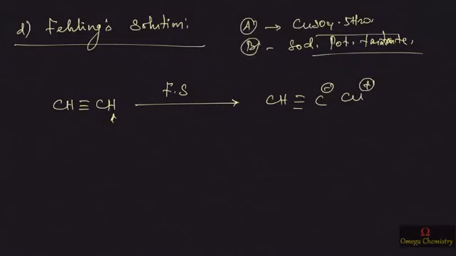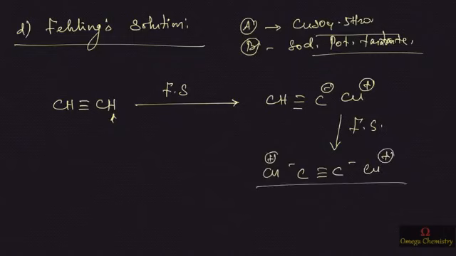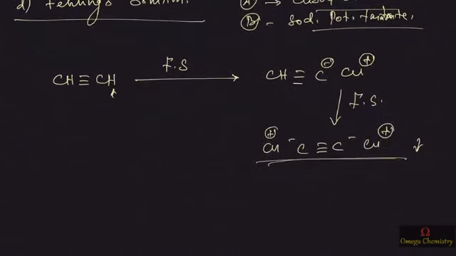This is known as copper acetylide, and when you take excess of Fehling solution, then you will get a dicopper acetylide. Okay, which means on both sides the acidic hydrogens will be removed, and you will get this one. And this is red in color. This is an indication for the unsaturation at the terminal carbon.